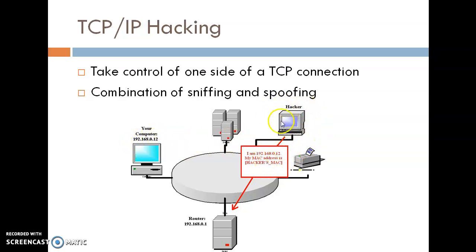So it acts as this victim PC, and after that it gets the data from this particular router. So the router is not able to identify whether the data is passing from the original victim PC or the hacker. So basically it's a combination of sniffing and spoofing attack.